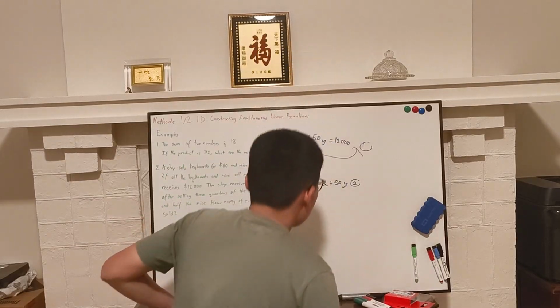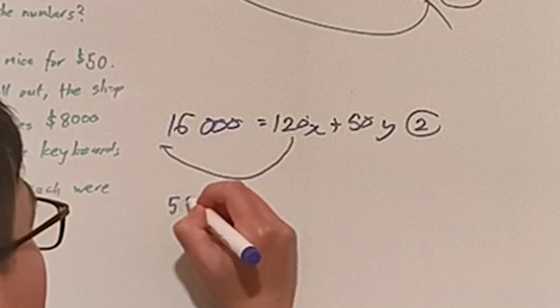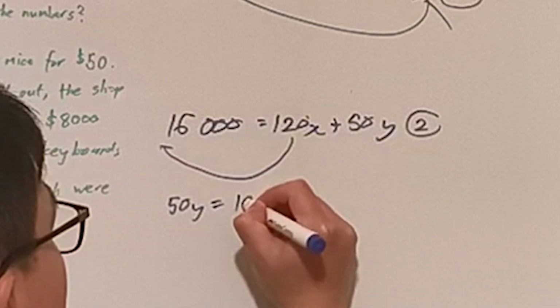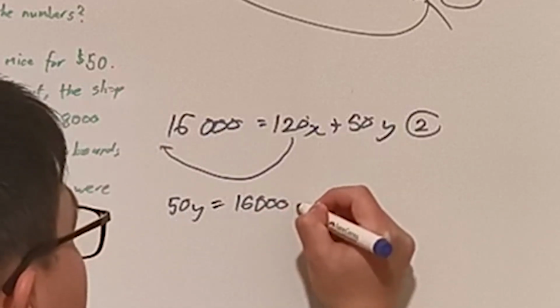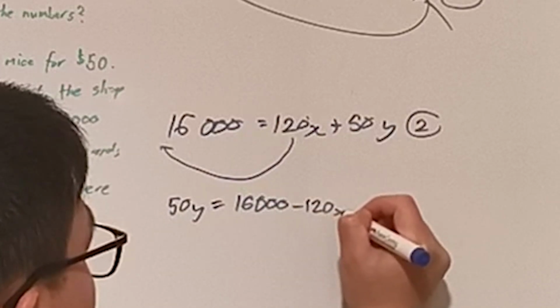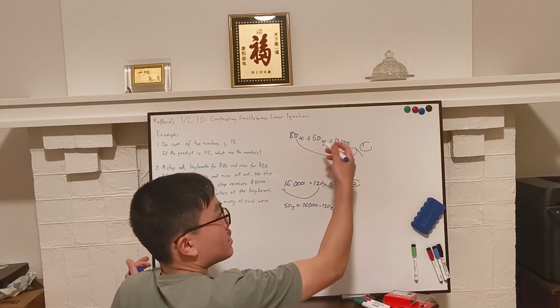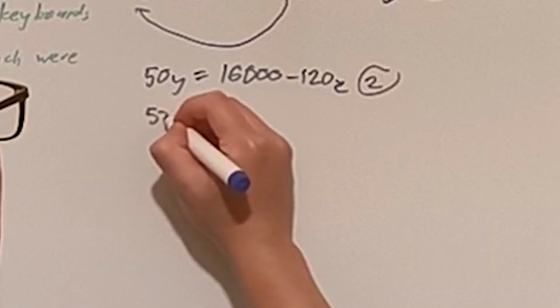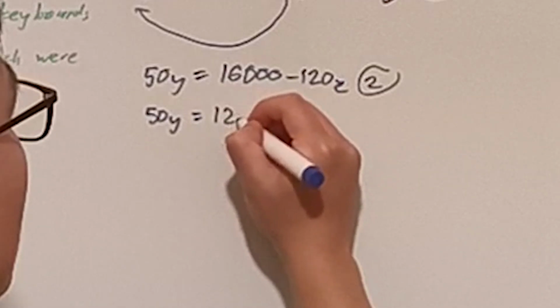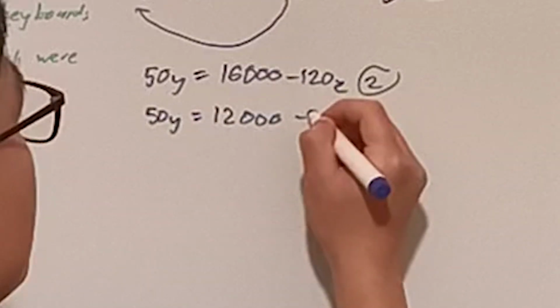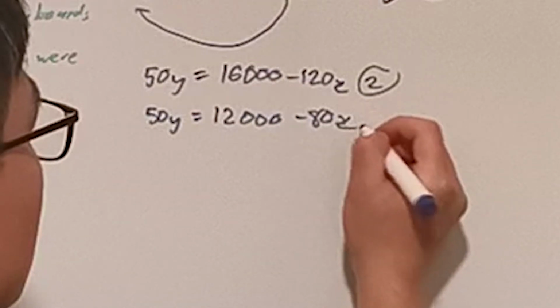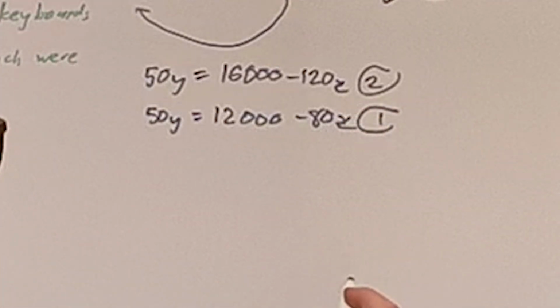And in this case, this will mean 50y equals 16,000 minus 120x. So this is our second linear equation. Our first equation up here is 50y equals 12,000 minus 80x, like that.